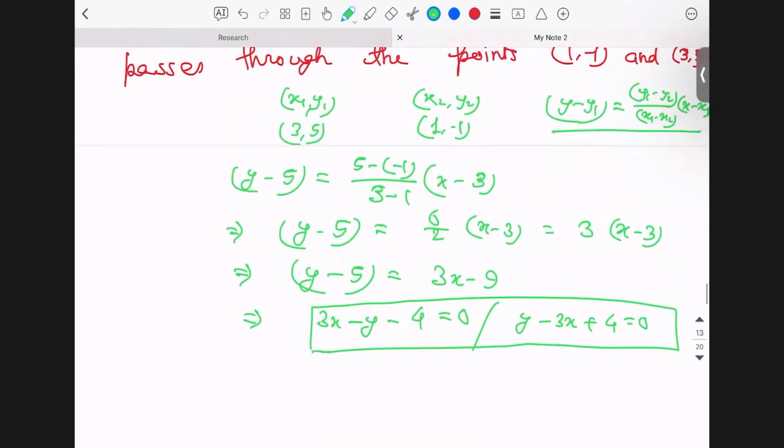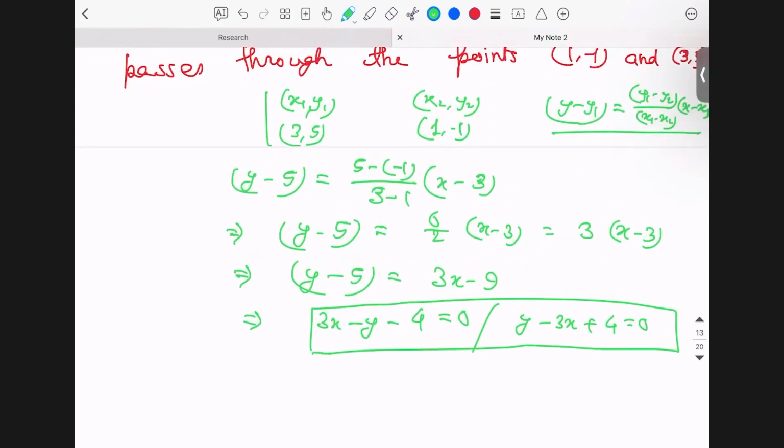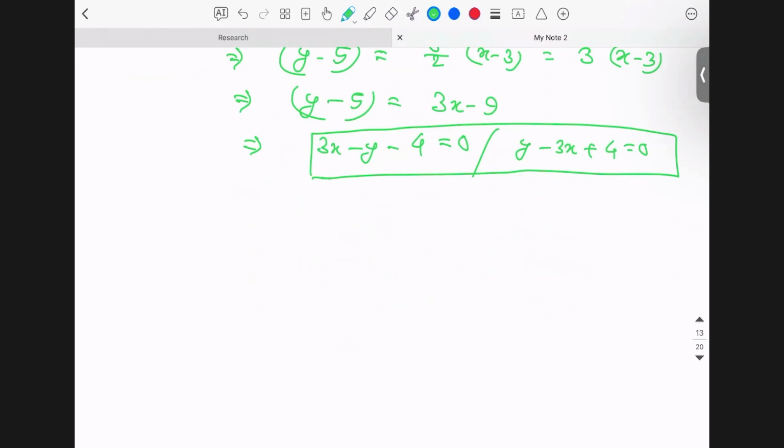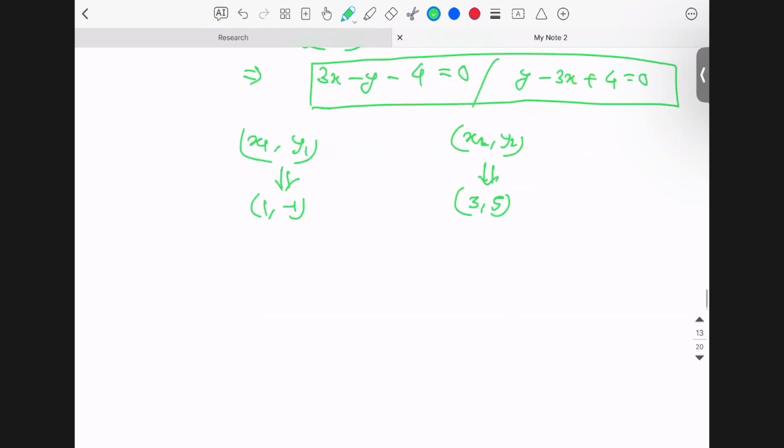Now, one may ask: if I consider (x1, y1) equals (1, 1) and (x2, y2) equals (3, 5), that is, if I swap the positions of (x1, y1) and (x2, y2) in the equation of the straight line, what will we get? Suppose (x1, y1) is (1, 1) and (x2, y2) is (3, 5).